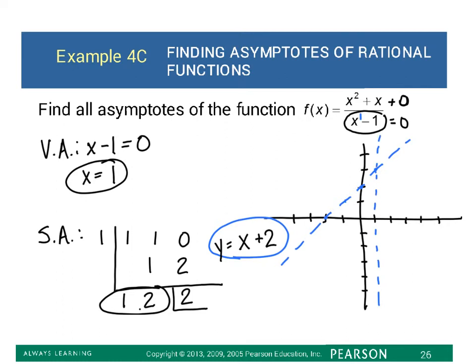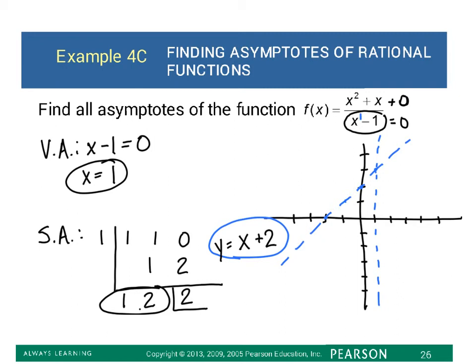And then how you find what the rest of your graph looks like is by figuring out where in the world the rest of the graph is by, again, focusing on the vertical asymptote. Where are your points found to the left of the vertical asymptote and to the right of the vertical asymptote?